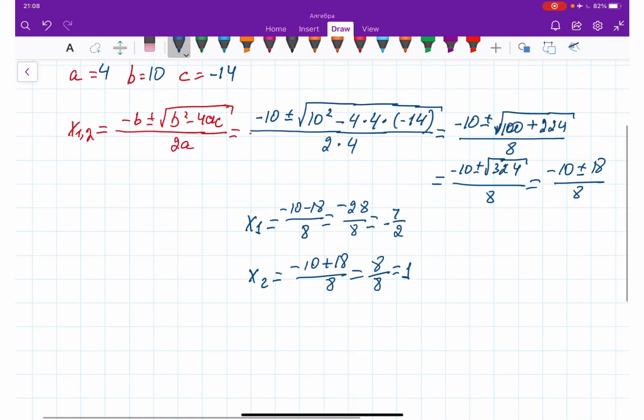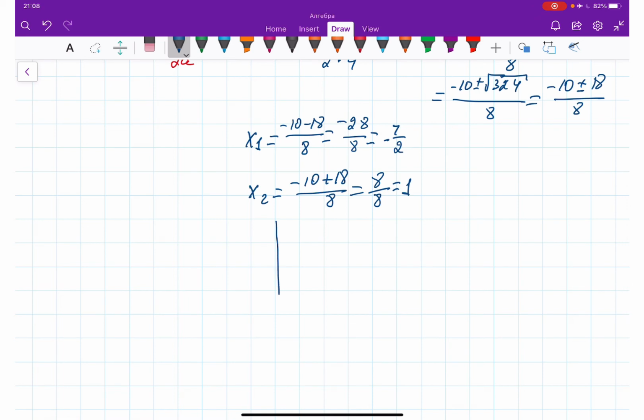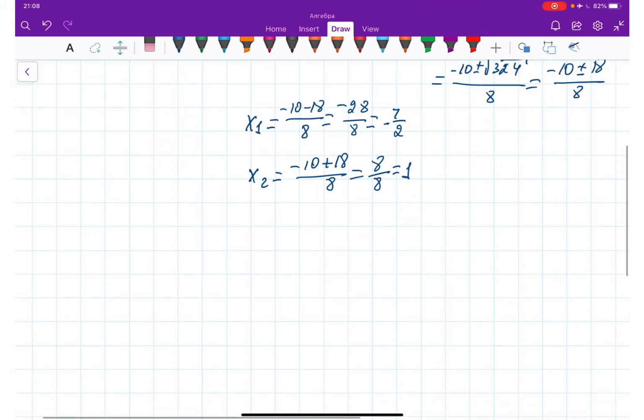Let me build the graph. Okay. Let me go this way because it looks like I'm going to use a negative and positive.